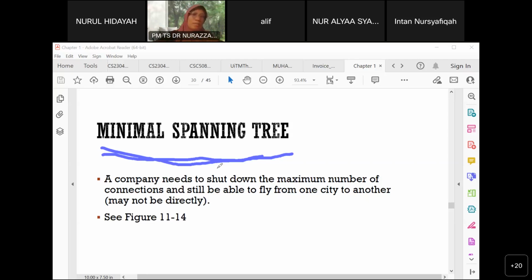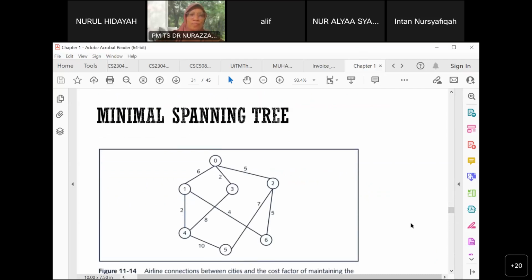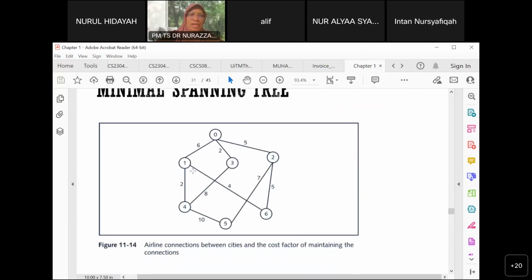So this problem is called minimum spanning tree. So contoh dia kata, okay, airline connection between cities and the cost factor. So now the weightage of the edges represent the cost. Cost, maintenance cost.